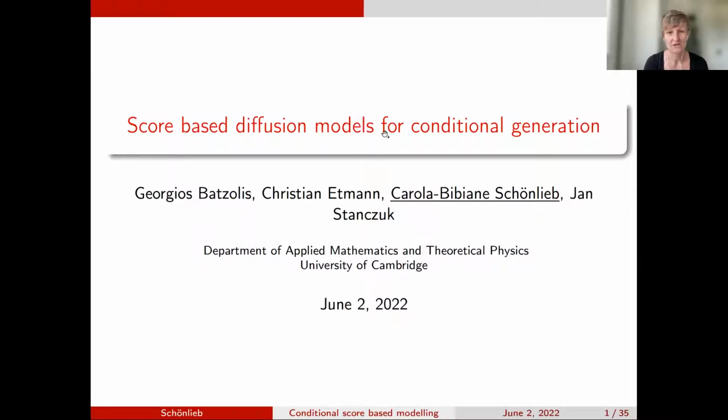Today actually I'm giving a talk that I've never given before, so do bear with me. But this is a project that we started about 1 year ago, where two of my PhD students, Georgios Batzolis and Jan Stanczuk, found this paper by Song et al. about score-based diffusion models for image generation, and got really fascinated by this.